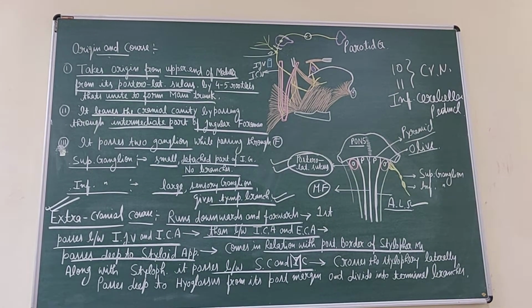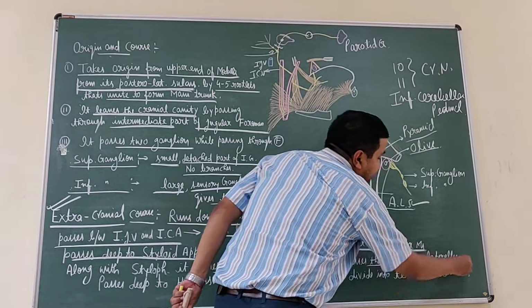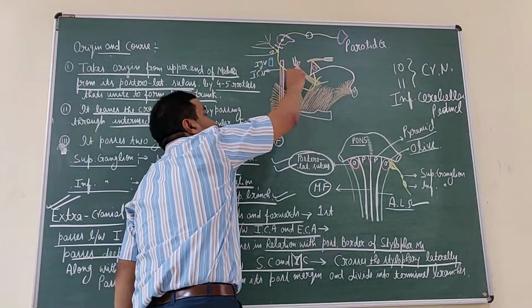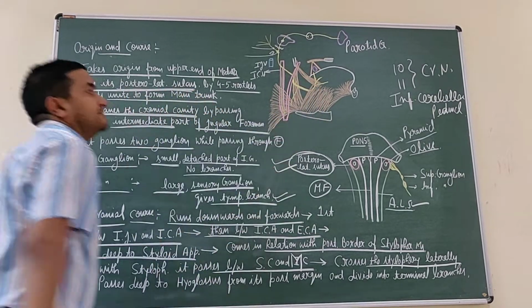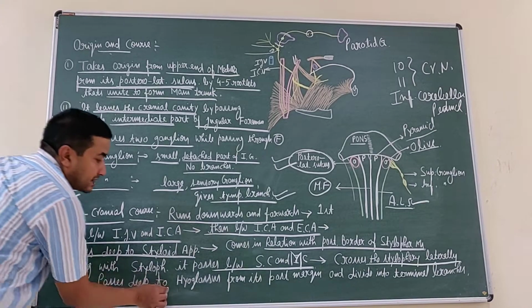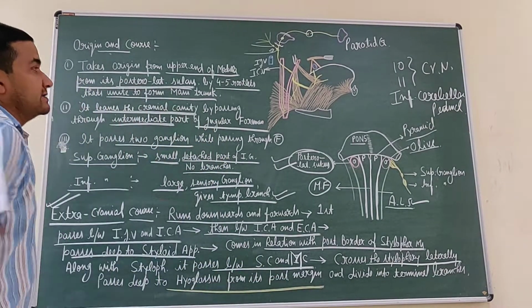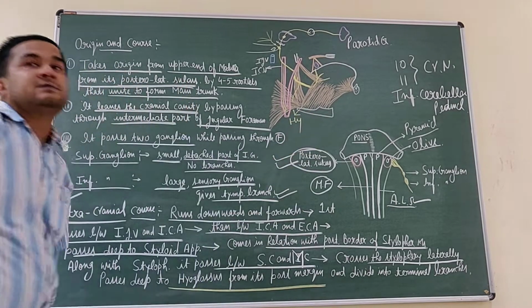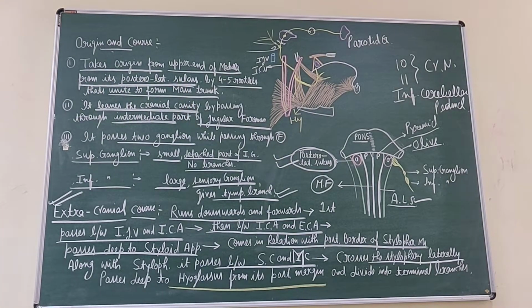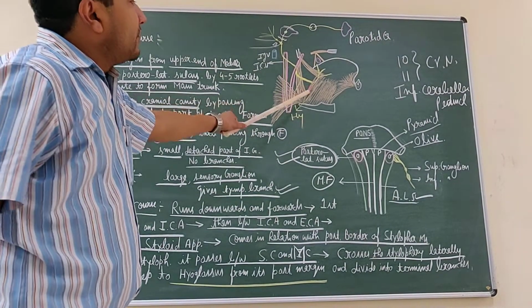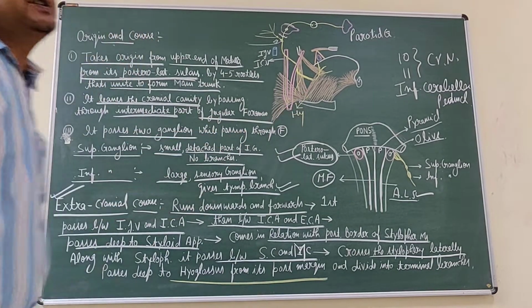These two structures pass. Then the nerve crosses the stylopharyngeus laterally or superficially. After the posterior border, it crosses superficially. And then it passes deep to the hyoglossus muscle. This is the hyoglossus muscle. Name the three structures that pass deep to the hyoglossus muscle from the posterior margin.